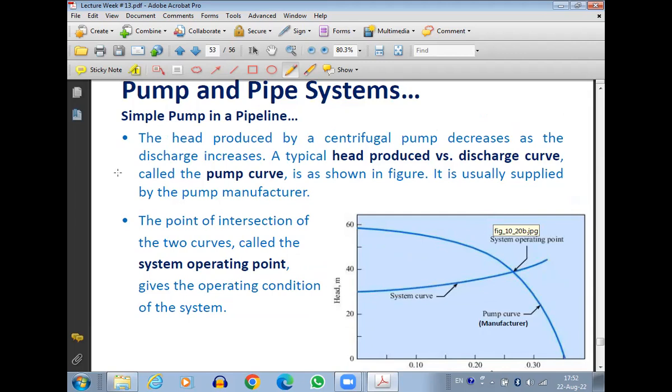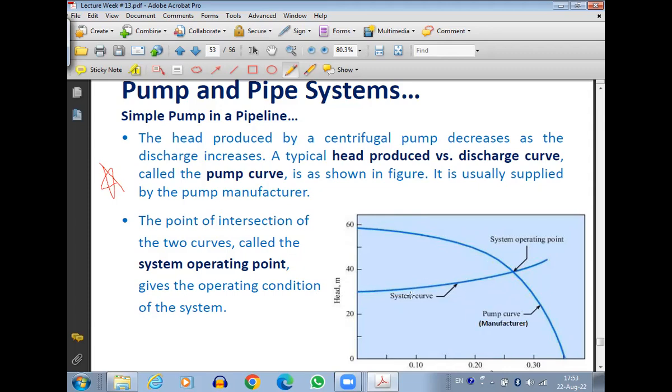Theoretically, this topic is important. What is the thing that you need to know? How do we determine the system operating point? The answer is that we intersect the system curve with the pump curve. The pump curve is provided by the manufacturer for the specific pump, and the system curve is based upon whatever piping we have where we want to install the pump.